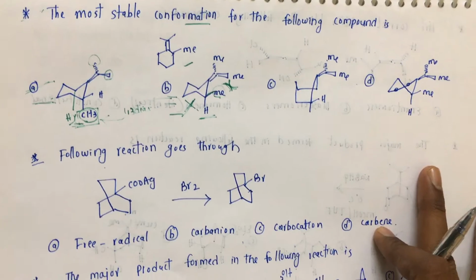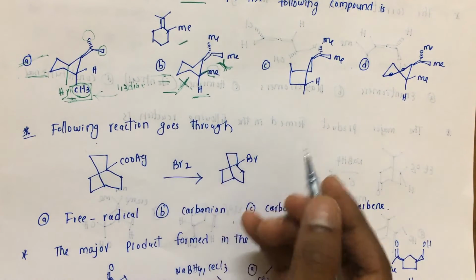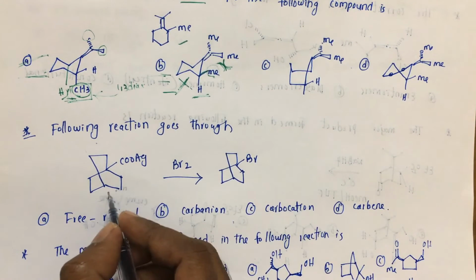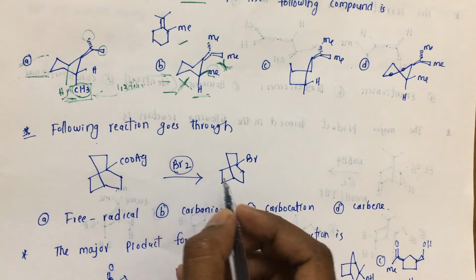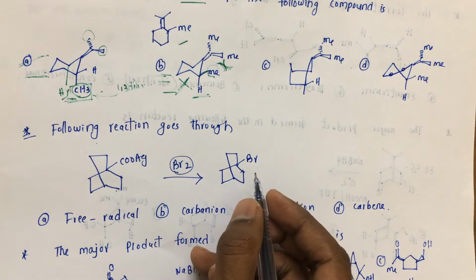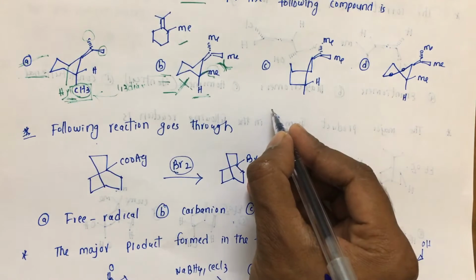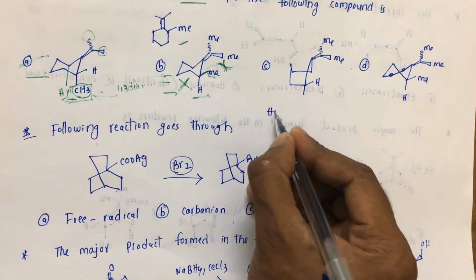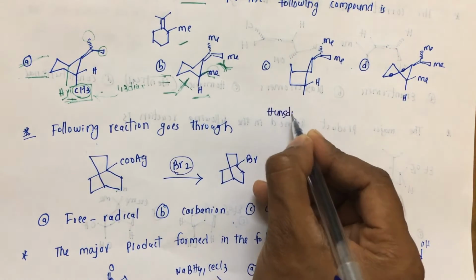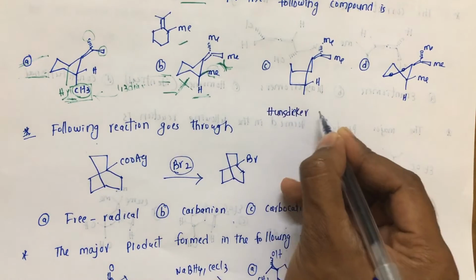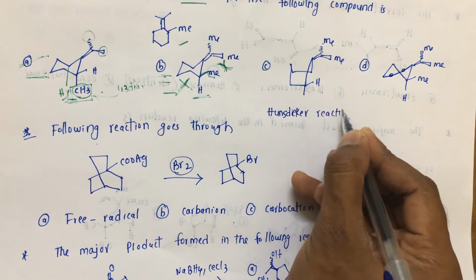And then next we have this question: the following reaction is going through. Here we have taken this compound, upon treatment with Br2, and we got this compound. Here one named reaction is there, called the Hunsdiecker reaction.